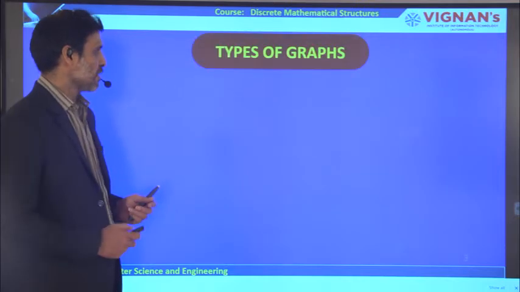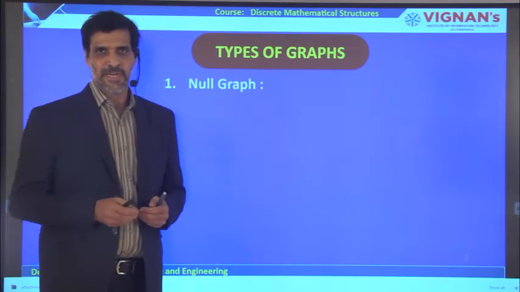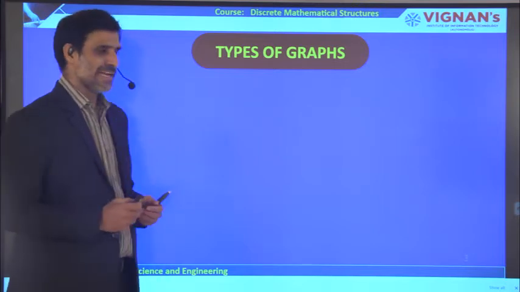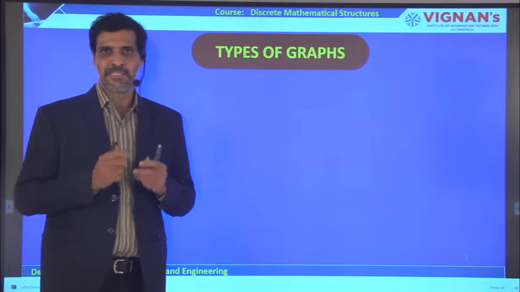Now coming to the first one, in the last lecture also we discussed some important graphs. Before I discuss the null graph, let me give you two important graphs which we discussed in the last lecture.